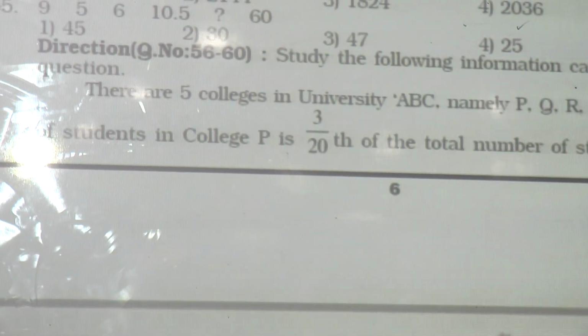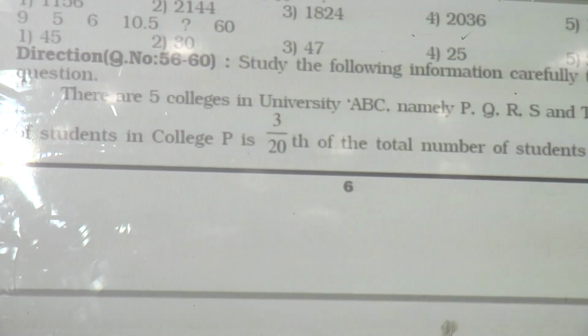There are 5 colleges in University A, B, C, namely P, Q, R, S, T. Number of students in college P is 3/20th of total number of students in university. Okay.